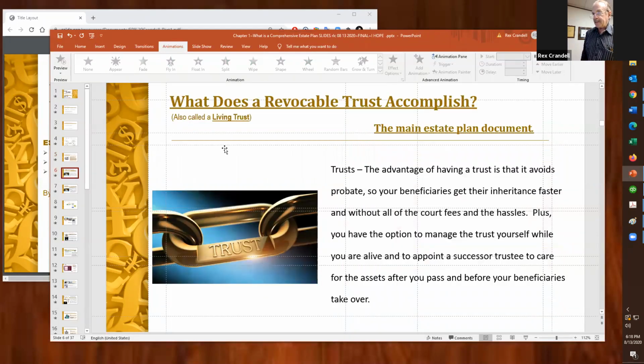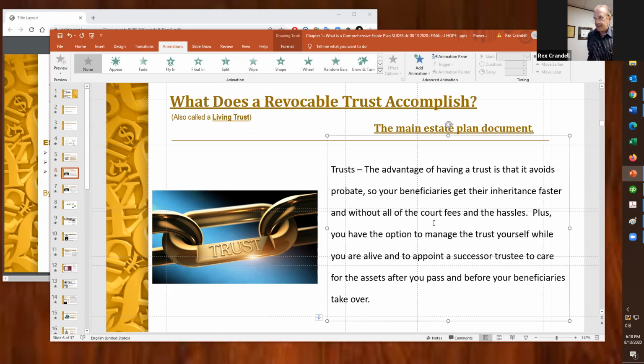Okay, well, what is a revocable trust and what does it accomplish? It's also called a living trust. Sometimes it's called a family trust, a lot of different names. And it is touted to avoid probate, which it does. Your beneficiaries are able to get their inheritance faster than through probate, because probate takes 10 months to 18 months.